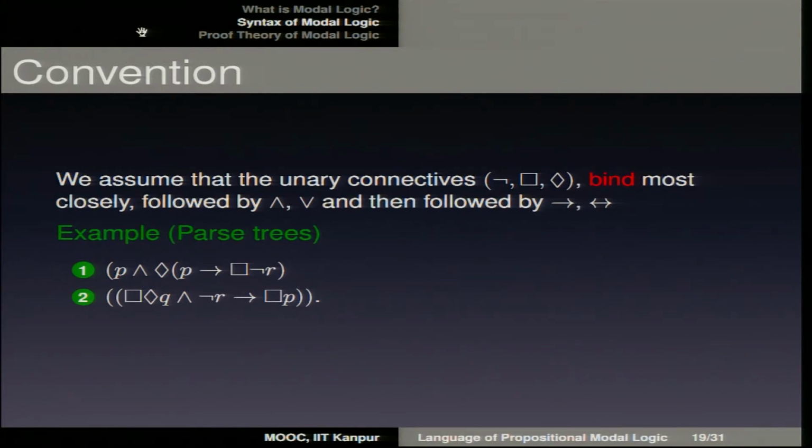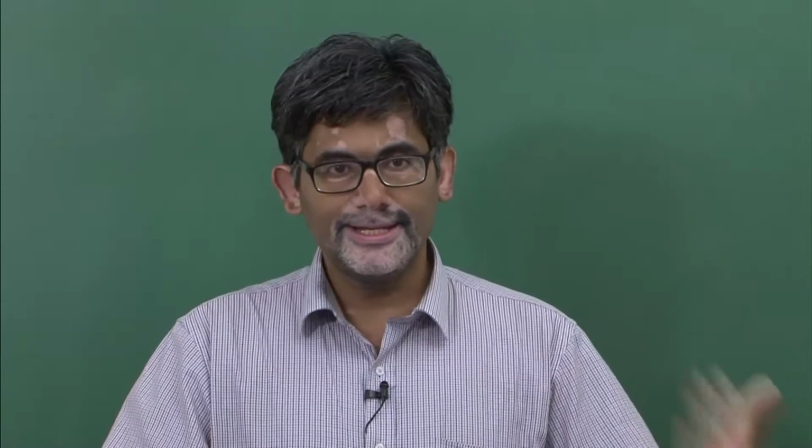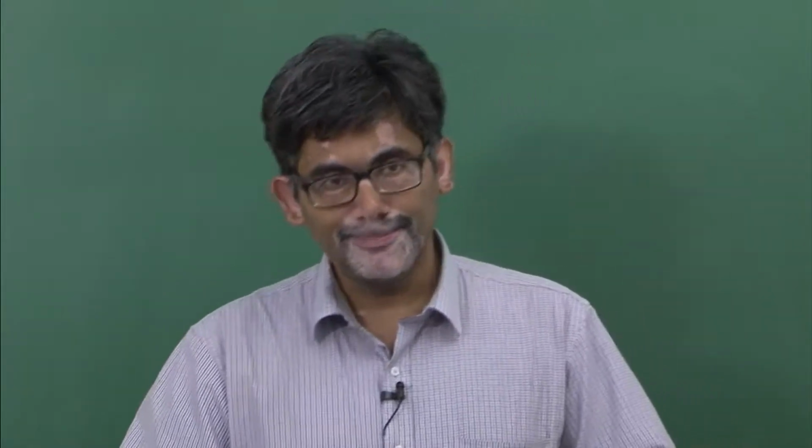So, basically we are discussing normal modal logic, which is considered to be an extension of classical logic with two operators: it is possible that P, and it is necessary that P. Now, if you are given a formula which does not have any parentheses, then in the case of classical logic, we followed this convention that first you give preference to negation, followed by conjunction, disjunction, implication, and bi-implication.